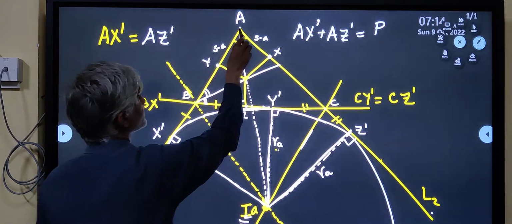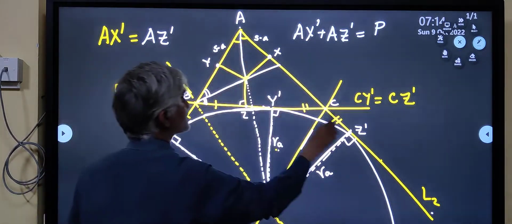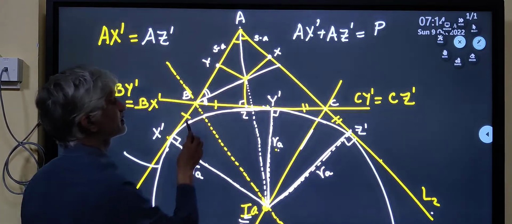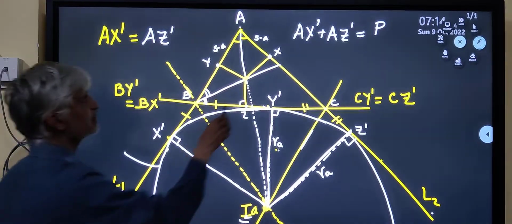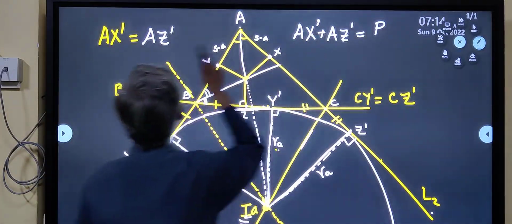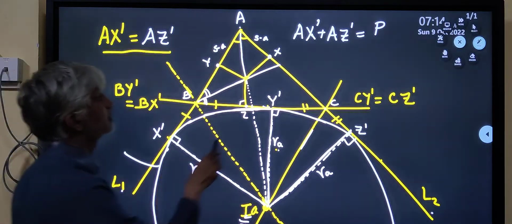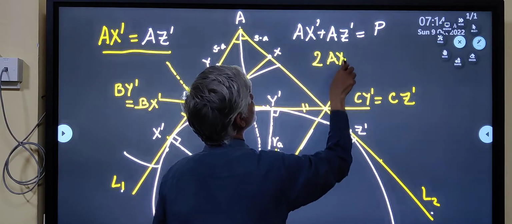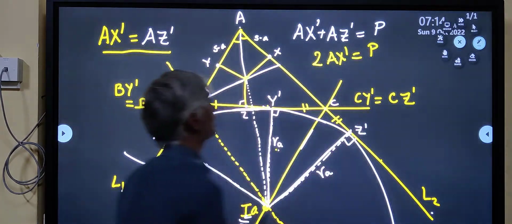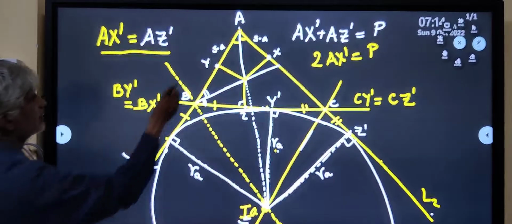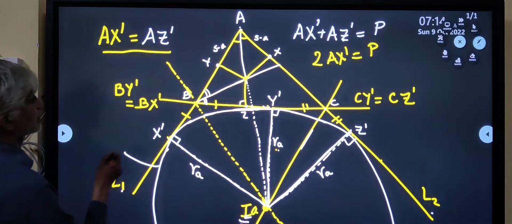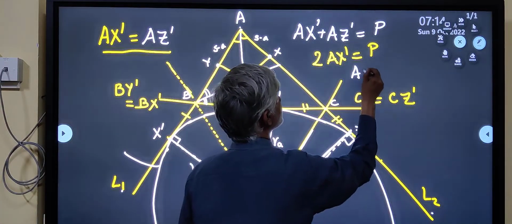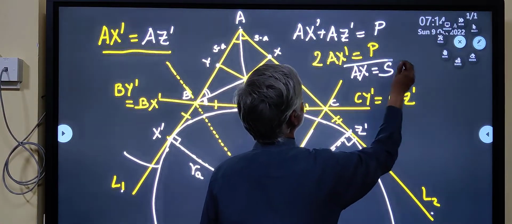This length plus this length is the same as this length plus this length plus this length, and that is the perimeter. In addition, we have these two as equal, and that would mean that 2 times AX dash is equal to the perimeter, and that would mean that AX dash is actually equal to the semi-perimeter.